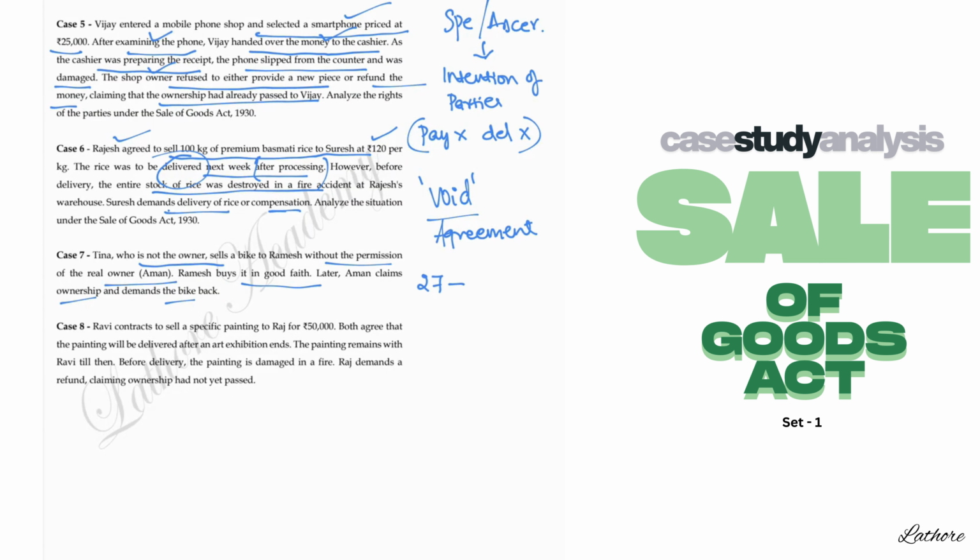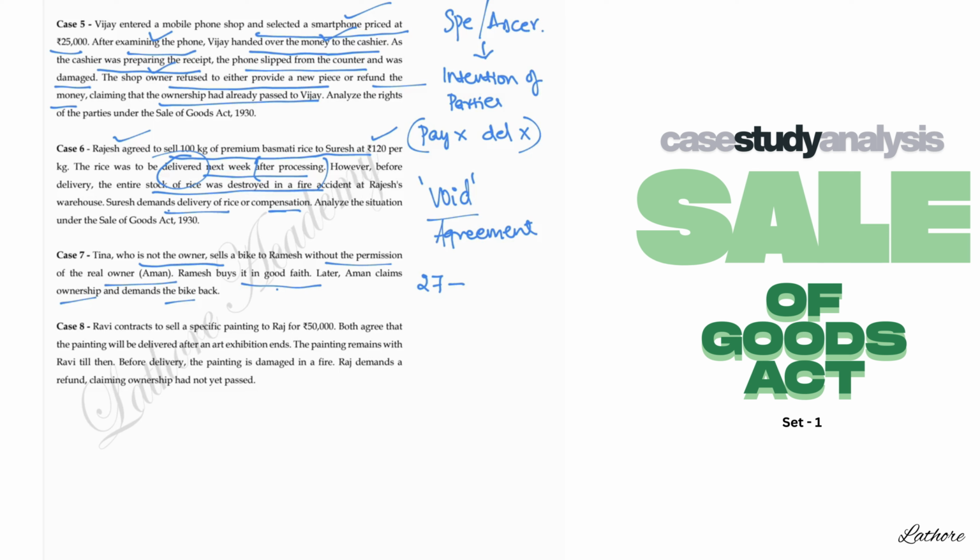A person cannot transfer a better title than he himself has, unless the owner, by his conduct, is precluded from denying the seller's authority. Basically, Tina is not the owner and had no authority to sell.